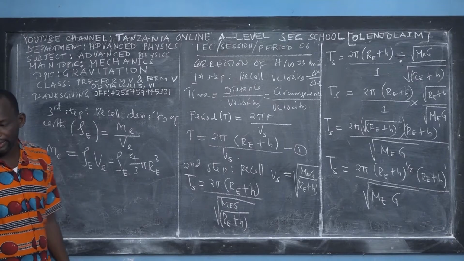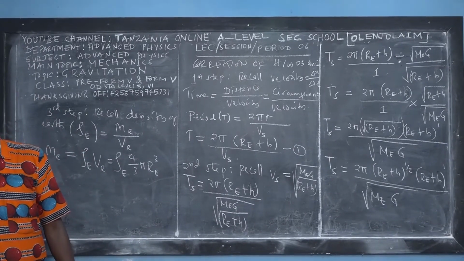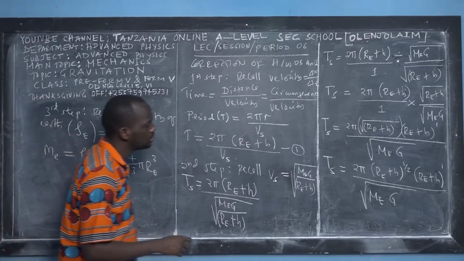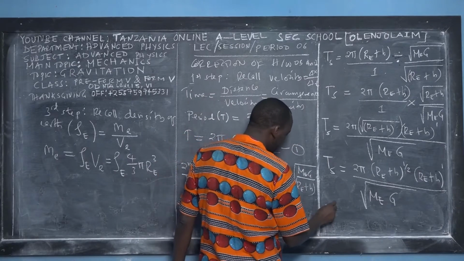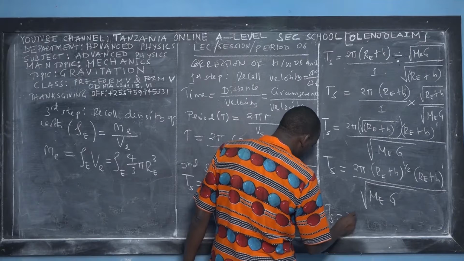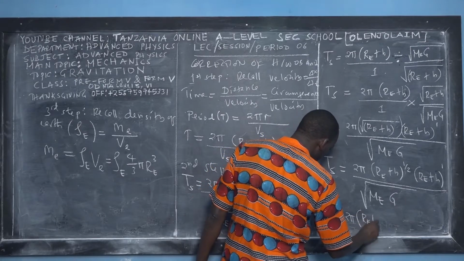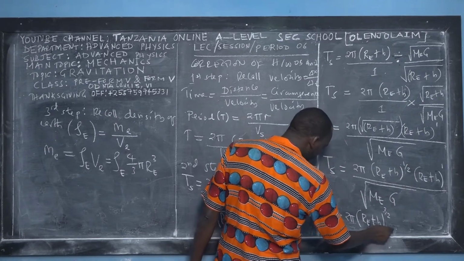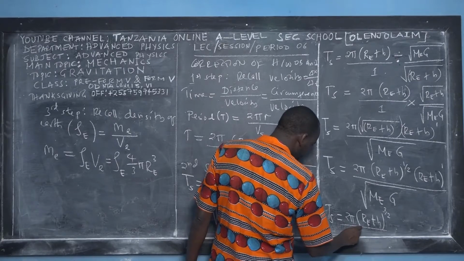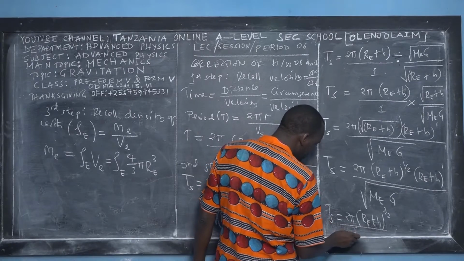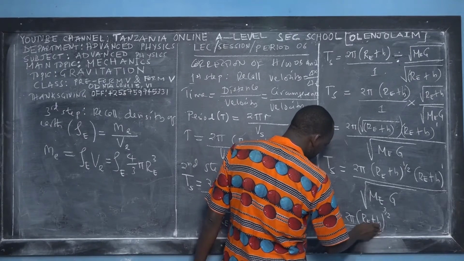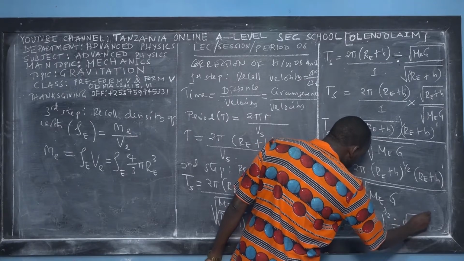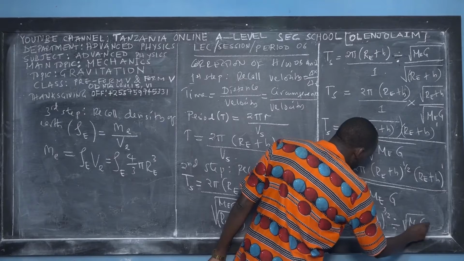Right? So if that's the case, now we have the density of S, and that's the mass of S. So if we express this one, the period of the satellite is equal to twice pi, then radius of S plus the height to the power of 3 over 2, that is, a half plus 1, then divided by the square root of the mass of S times the gravitational constant.